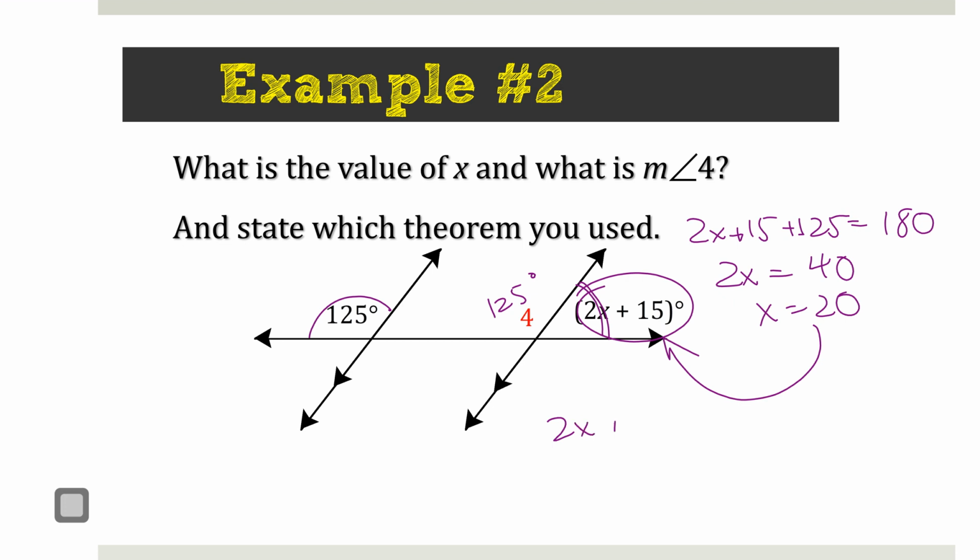So then 2x plus 15 has to equal 55. What happens when I solve that? Yeah, same, we're good. There's another method to approach. Okay. Make sense? All right, let's try another one.